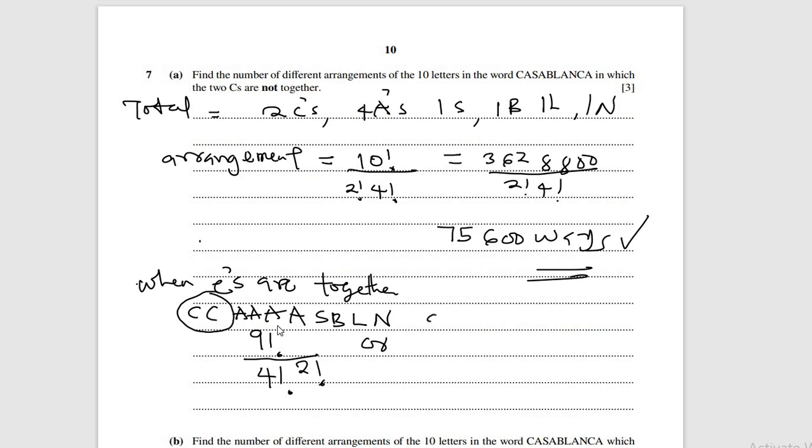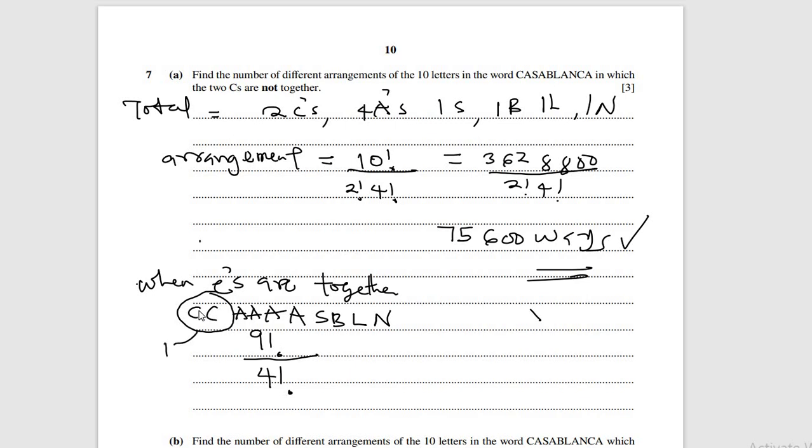Or the arrangement can also be A, for the 2 C's to be together. It still gives us the same thing. So when the C's are together, we should have something like this.